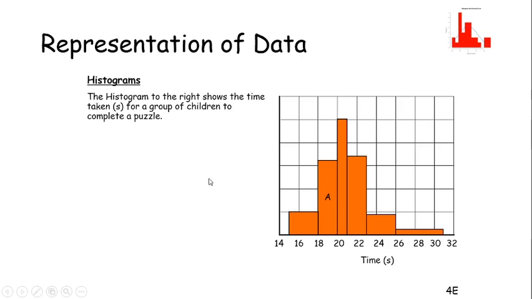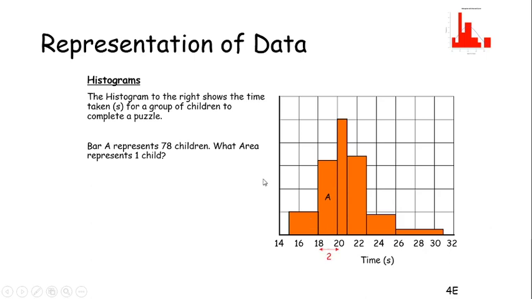Okay, so the next thing you might be asked to do is, if you're given a group, fill out the bits. That could be filling in other parts of the bar, but first of all you have to work out the frequency density. It may say that the bar is represented here by 78 people. If you know that the bar width is 2, then you know that this area is 78, and so you can find the frequency density.